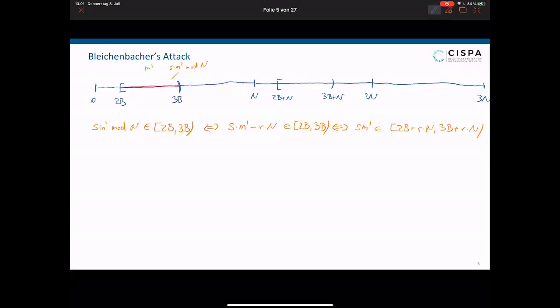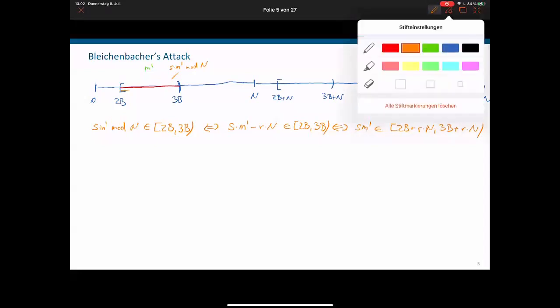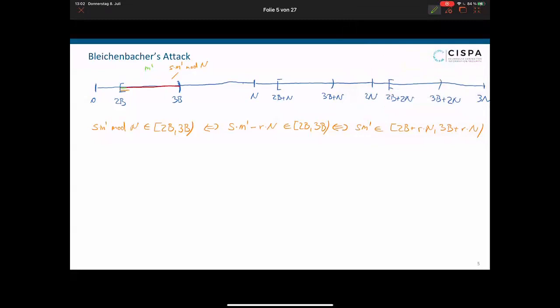Here we have 2B plus 2n and 3B plus 2n, right? So we know that M prime is in the green one, and S times M prime is in one of those guys, either here or there, and so forth. Okay.